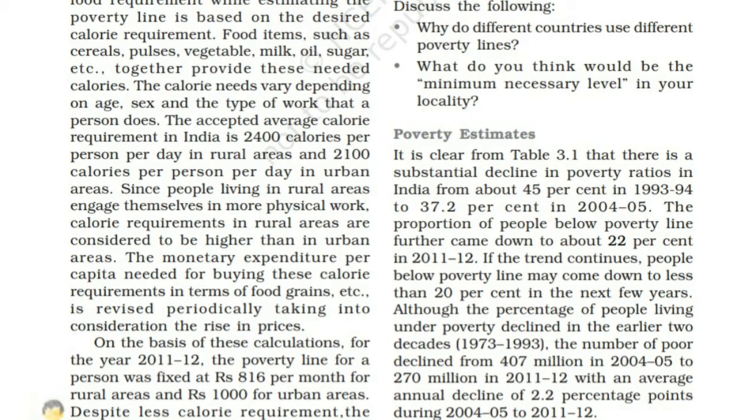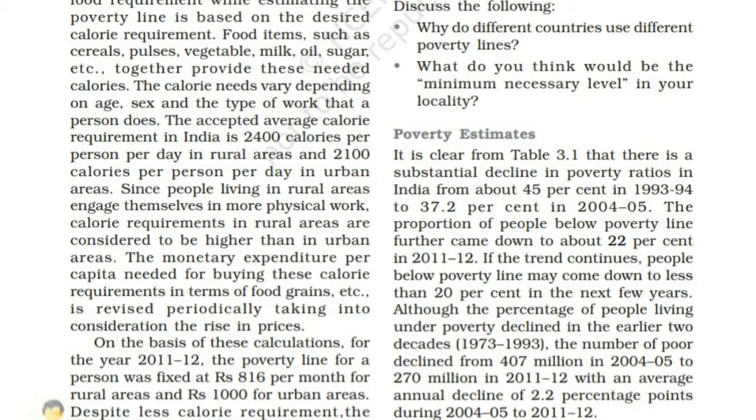Those who engage in more physical work need more calories. So calorie requirements in rural areas are considered to be higher than in urban areas. Underline this point. So 2400 calories per person per day in rural areas and 2100 calories per person in urban areas.